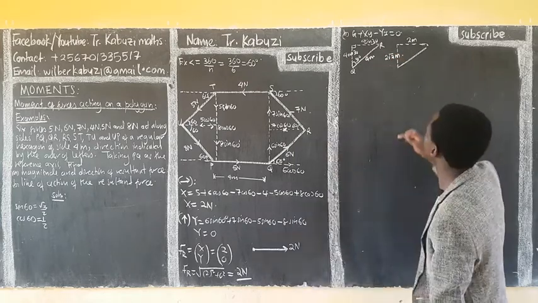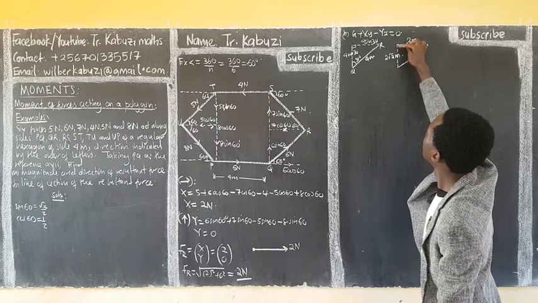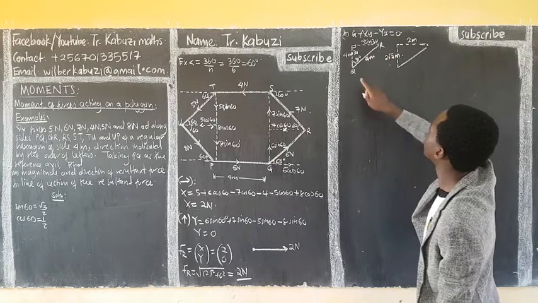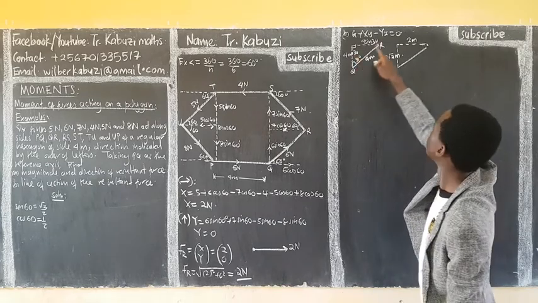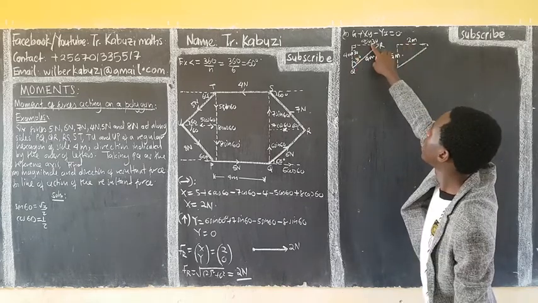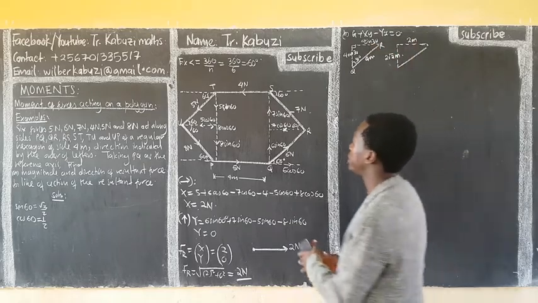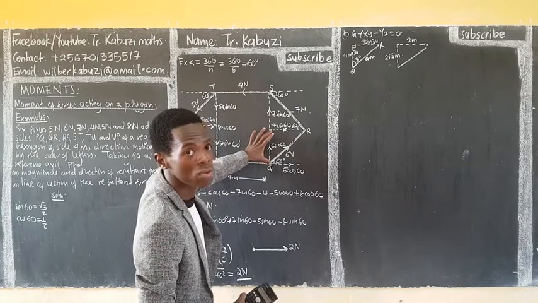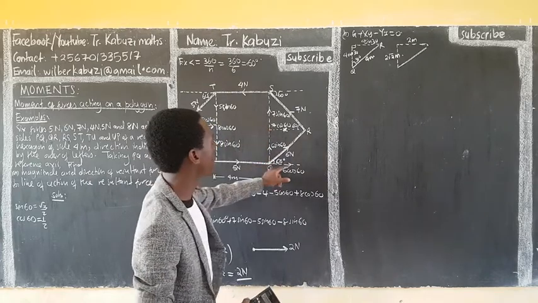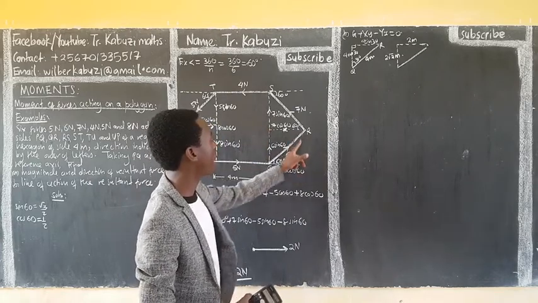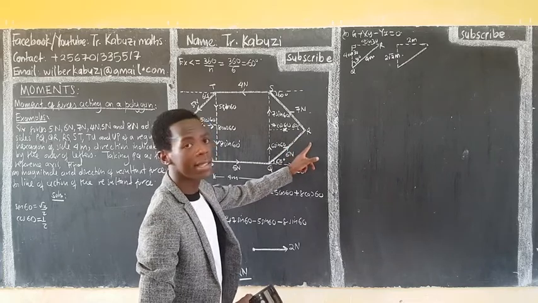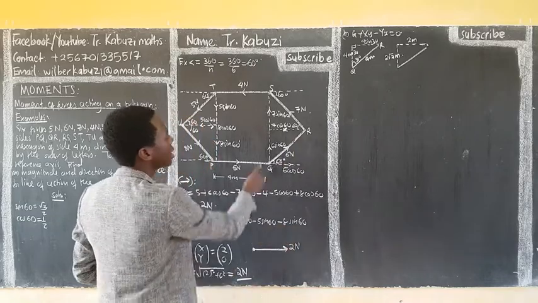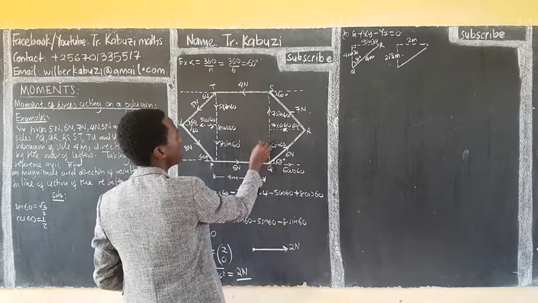So our height here is going to be 2 root 3 meters. Or if you consider the opposite here, which will be 4 sine 60, it will also give you the same.